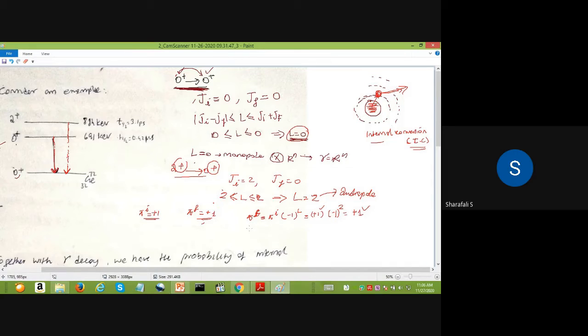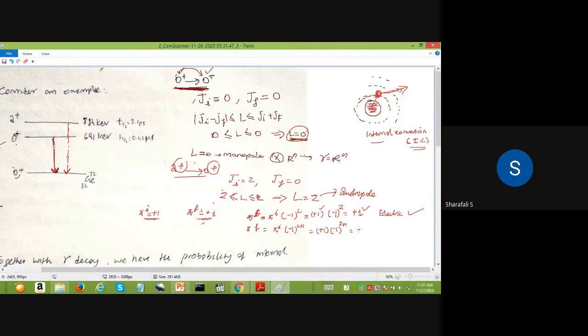Now if you substitute the same values for the second case, so this was the electric case. For the electric case it is okay. If you consider the magnetic case, pi f equal to pi I times (-1) to the power L plus 1, then pi I equal to plus 1 and (-1) to the power L plus 1, that is 2 plus 1, will be 3.